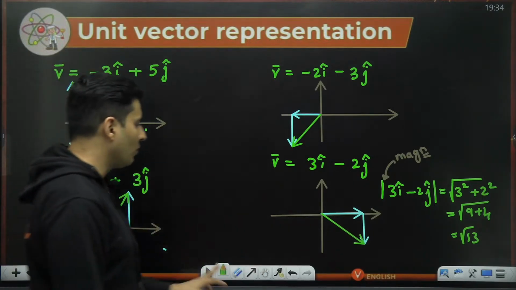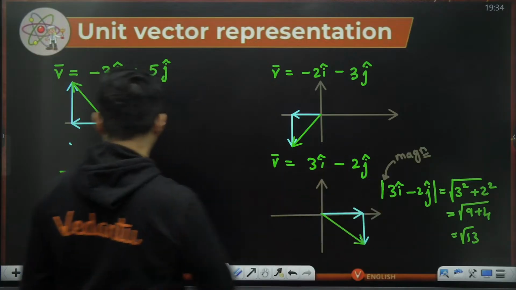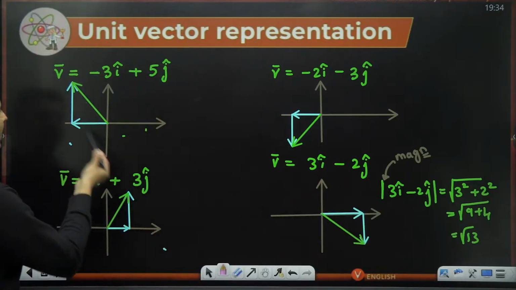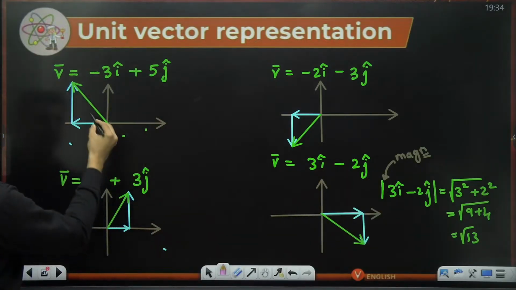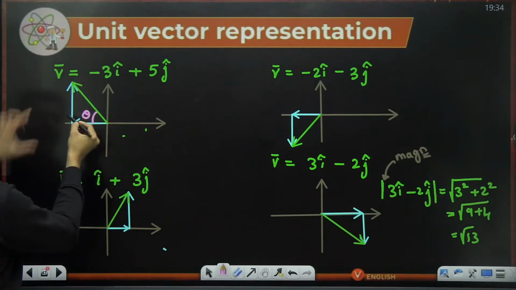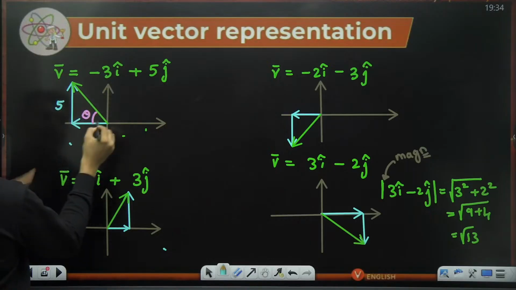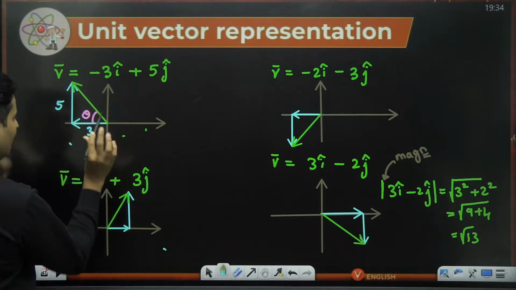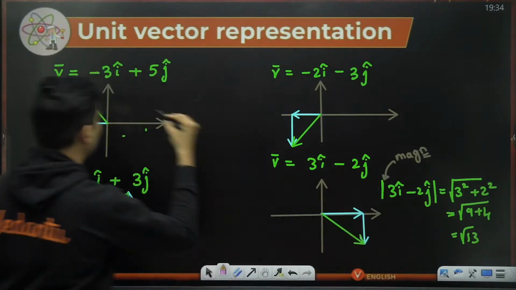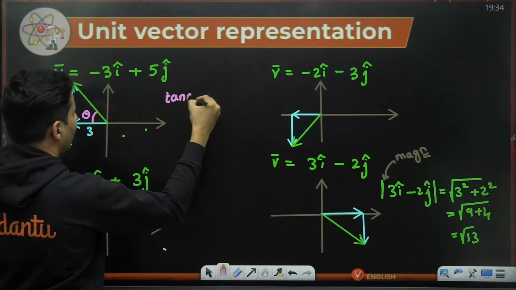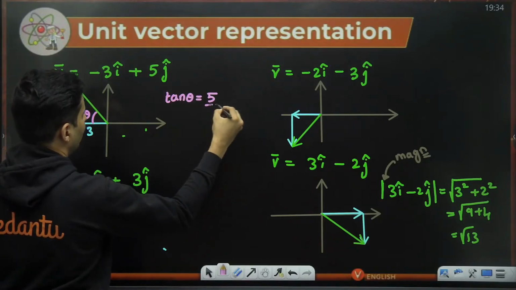If somebody asks you what is the angle made by, for example, this vector with the negative x direction, no issues. I know the height of this, height is basically 5 units. I know the base of this, this is 3 units in length. So quickly, I can use the ratio of tan theta. So tan theta will be opposite by adjacent.